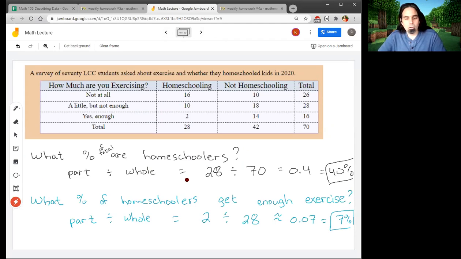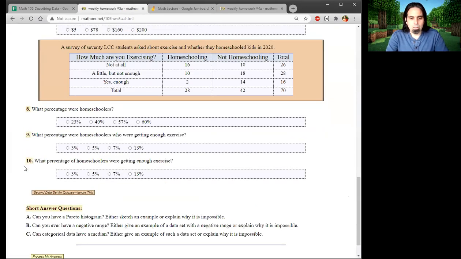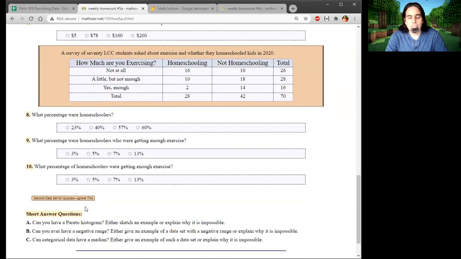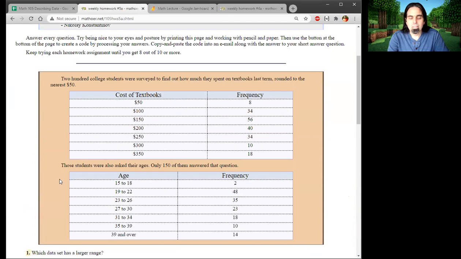So you could do the are we homeschooling bar chart, or we could do the are we exercising bar chart. And among those, you could do the let's talk about homeschoolers exercising bar chart or things like that. And you have to tell me what is the whole and which parts do you care about for each of the bars. That's why for here, unlike last week, we don't ask you to draw a histogram for this, because it's vague.